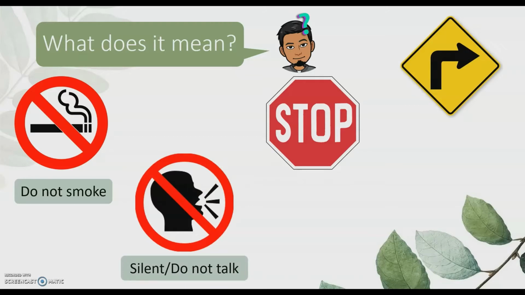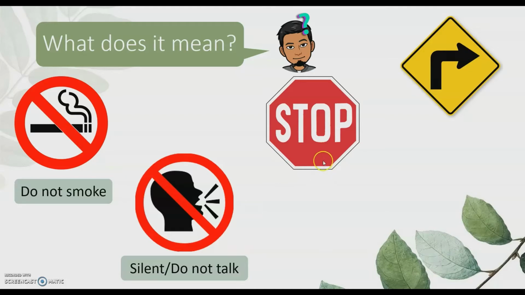Okay, the meaning of the second sign is silent or do not talk. Usually we will find this type of sign in the library or somewhere that we need to keep our voice low. Usually we will find it in the library because in the library we cannot talk too loud and we cannot make too much noise, right?